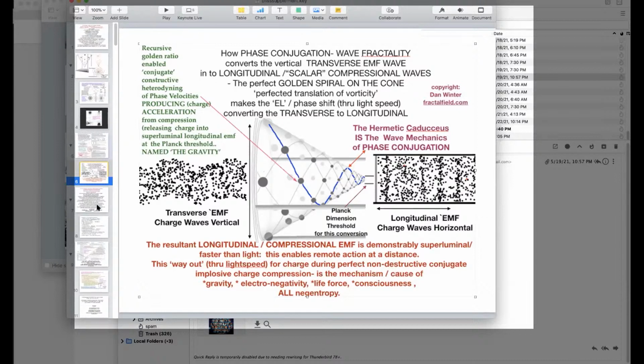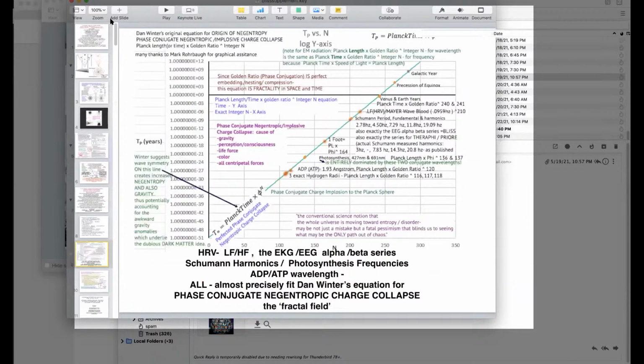And the equation for that here, which many of you have seen my work at fractalfield.com, is named The Origin of Biologic Negentropy, which is the name of the equation and the name of my book at fractalfield.com. And basically it's simple: Planck length or time times integer exponents of golden ratio, called phase conjugation or fractal, produces a series of wavelengths and frequencies, which include all of the geometry that allows nature to emerge from chaos, called self-organization or origin of negentropy.